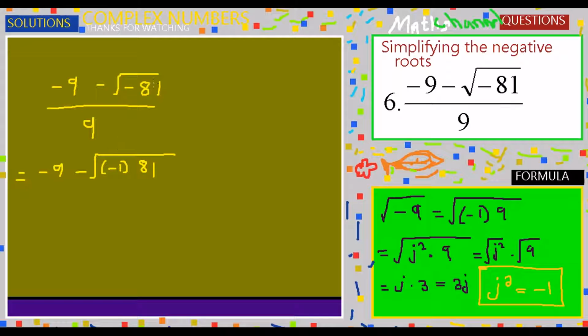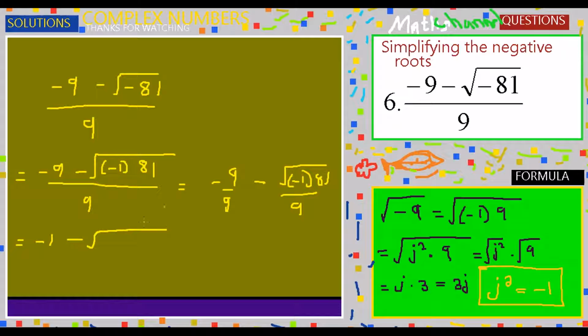If you multiply negative 1 by 81, you have negative 81, so same thing. You can also split this 9 like this, and then over 9. Negative 9 over 9 is negative 1.